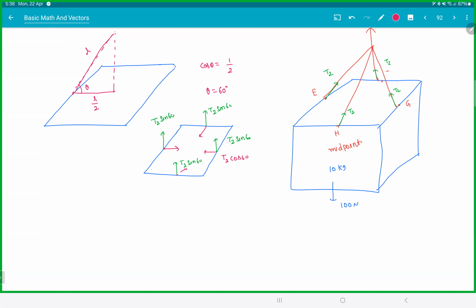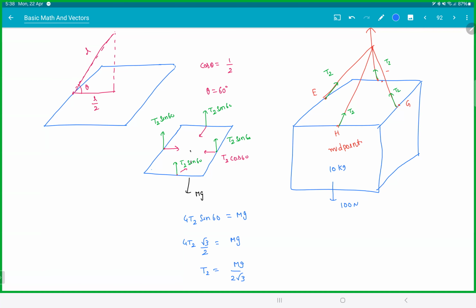So the cos 60s will cancel. The sin 60s will be left over, and this is your weight mg. So 4 times T2 sin 60 is mg. Sin 60 is root 3 by 2. So T2 would be mg by 2 root 3.